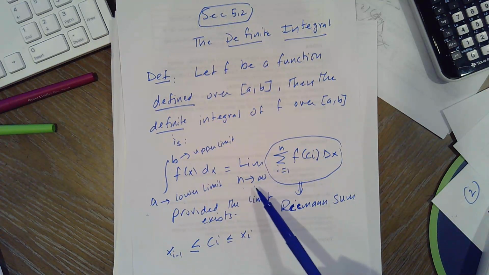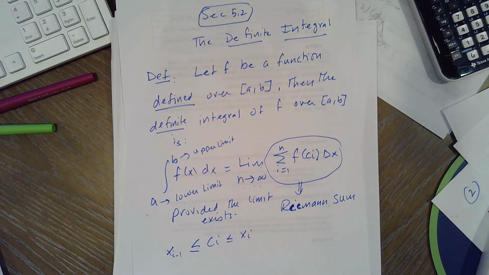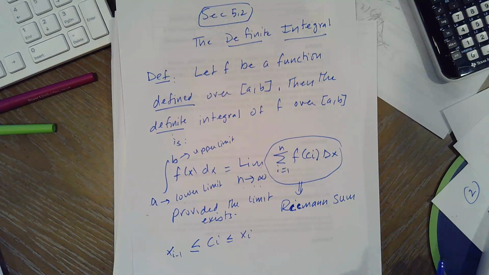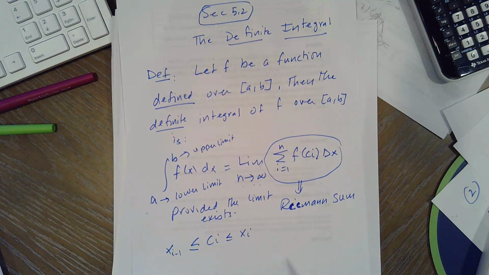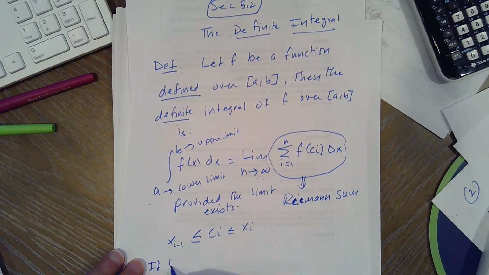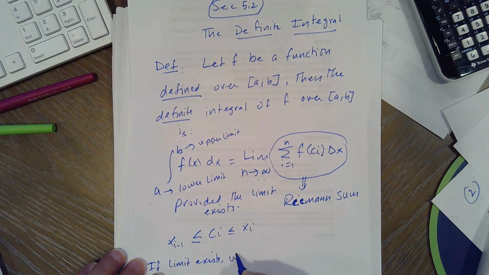It's defined as the limit as n goes to infinity of all these Riemann sums, which is similar to the upper and lower sums, except the ci here could be anything in the interval. It doesn't have to be the left or right value. Now, if this limit exists, then we say f is integrable over [a, b].